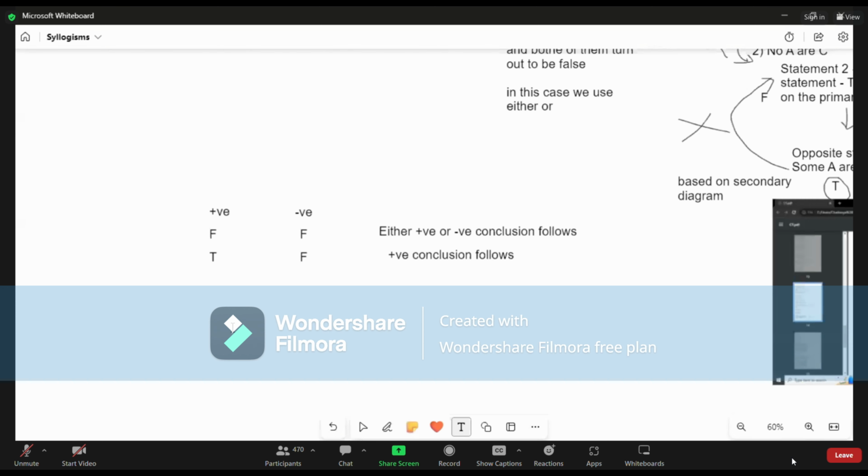Okay, so there is one more case where you can have this too. That is, the positive statement will be false, and the negative statement will be true. In this case, the answer is the negative conclusion follows. The either-or case is just a sub case where both of them turn out to be false.